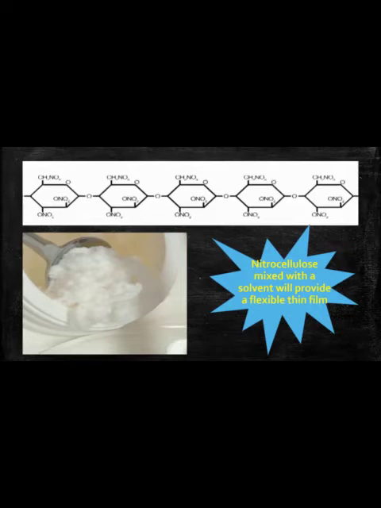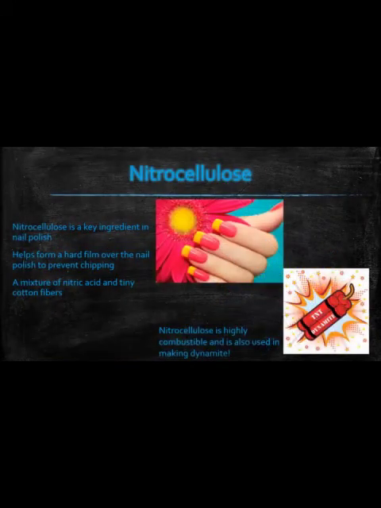Nitrocellulose mixed with a solvent such as ethyl acetate will provide a flexible yet durable thin film. Nitrocellulose is a key ingredient in nail polish. Nitrocellulose helps form a hard film over the nail polish to prevent chipping.